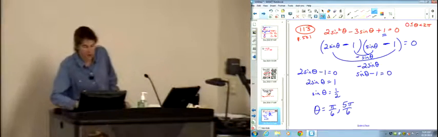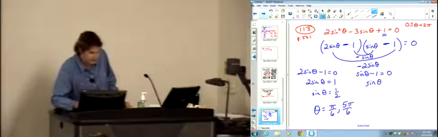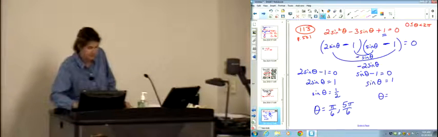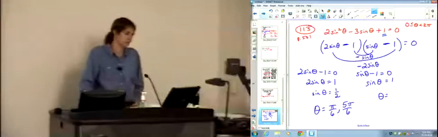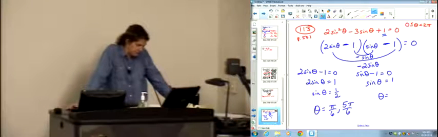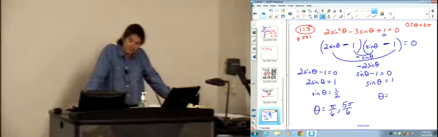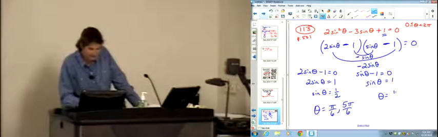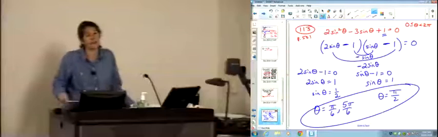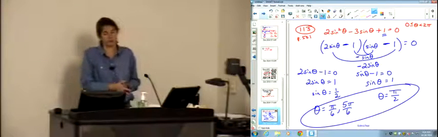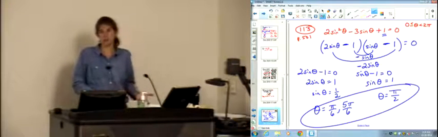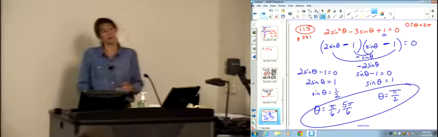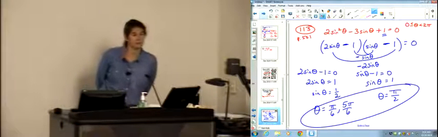Let's look at the other part of our equation here. The sine of theta is equal to 1. Where's the sine of theta equal to 1? Pi over 2. At pi over 2, right. So all those are our answers. We have 3 answers here. We've got all possible solutions from 0 to 2 pi that work in this equation that we were given.